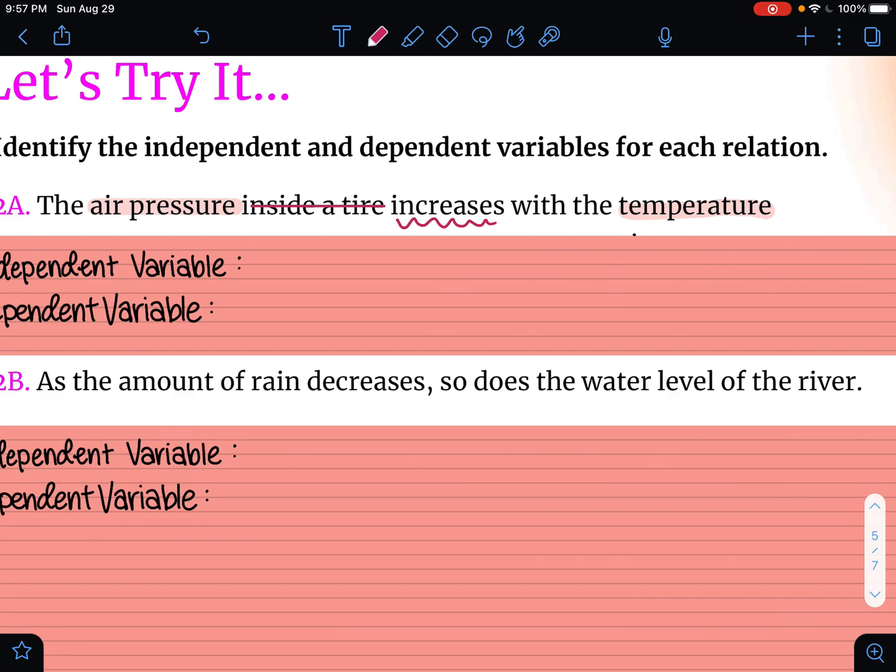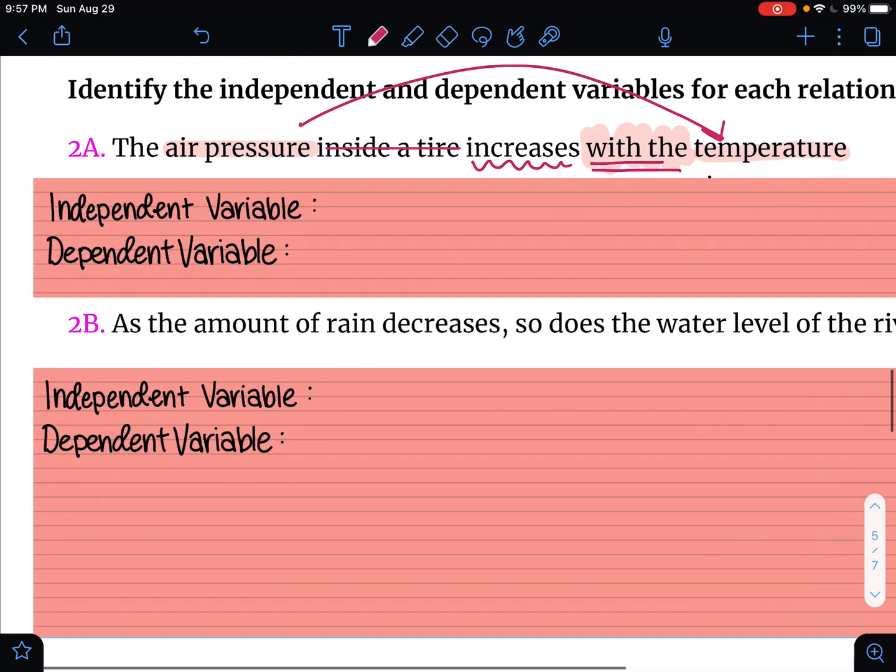and the thing that's really the key here is "with the," because that means that the air pressure is doing it because of the temperature. Basically, it's telling us that if the temperature increases, the air pressure increases as well.